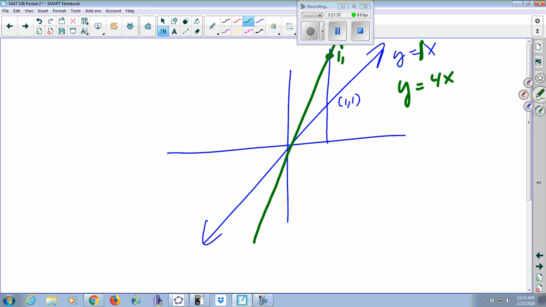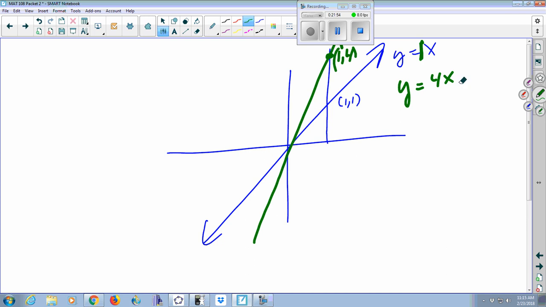You can see that for the same value of 1, you have 4. So that scalar acts as increasing the steepness if k is a positive number greater than 1, or decreasing it if k is a fraction between 0 and 1.